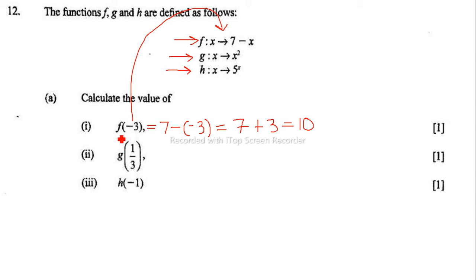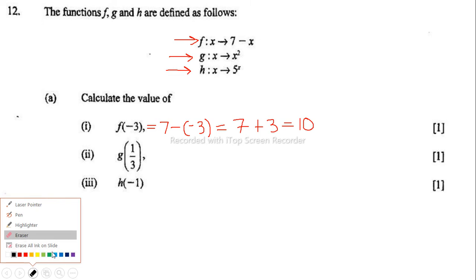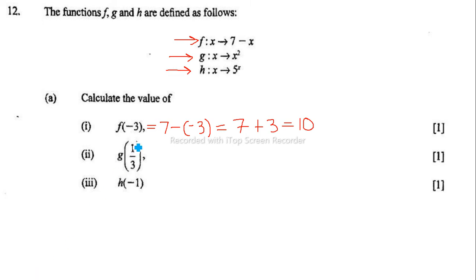Next up, we have g of a third. So, can anyone tell me what we're going to do for this one? Wherever we see g, we put x squared. Or, no. Wherever we see x, we put a third.